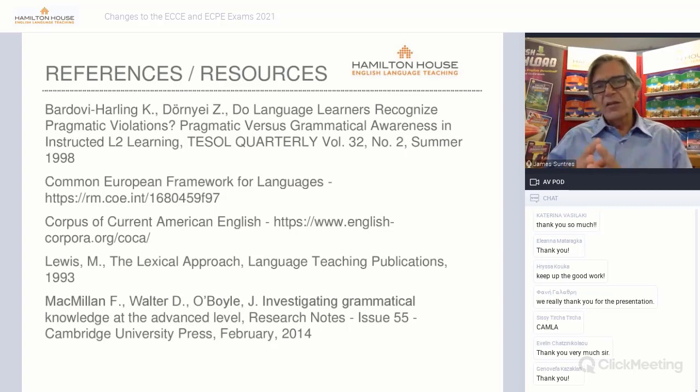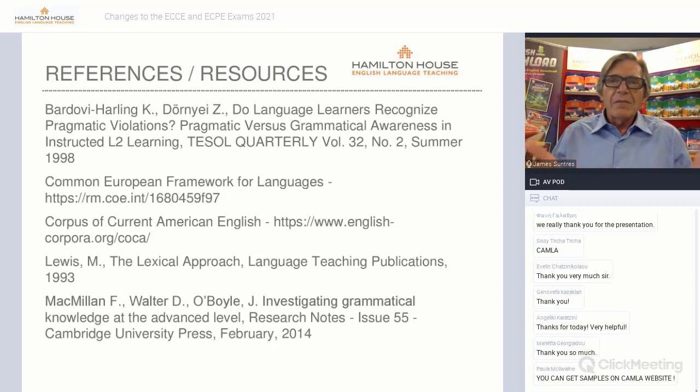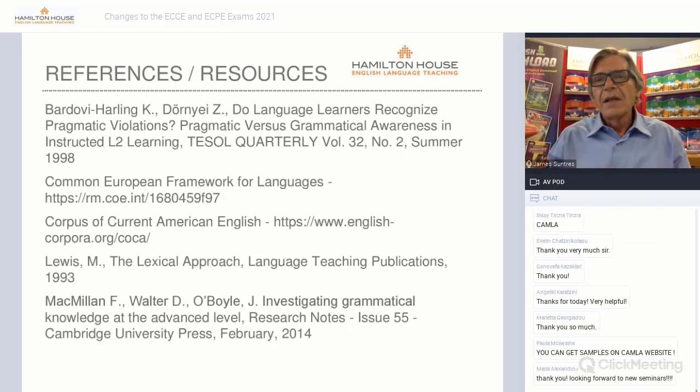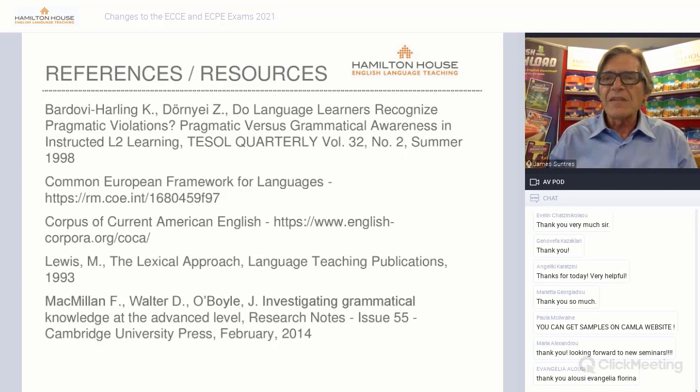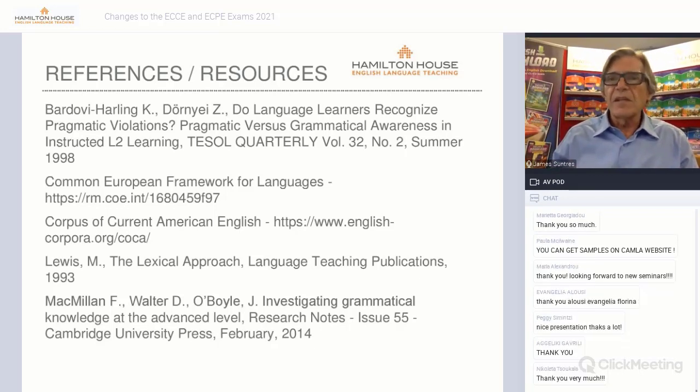In it, they talk about how you have five different students who make the same mistake, but they've made it for five different reasons. So how do you explain things to students? Sometimes you can't really assume why people have made a mistake, and it's a lot more difficult than simply saying they got this grammar rule wrong.